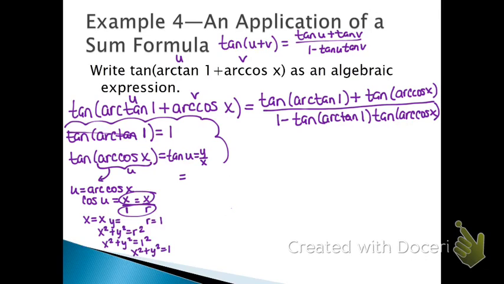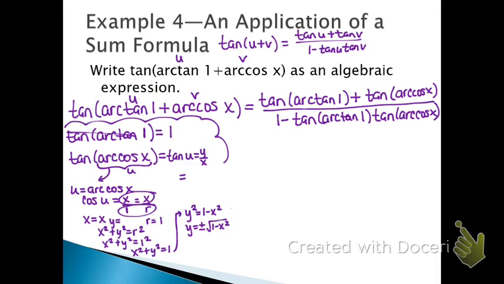So we need to get rid of the x squared. So we know then, if we move the x squared over, then y squared is equal to 1 minus x squared. We take the square root, so y equals plus or minus the square root of 1 minus x squared. Now remember, we're talking about arc cosine.